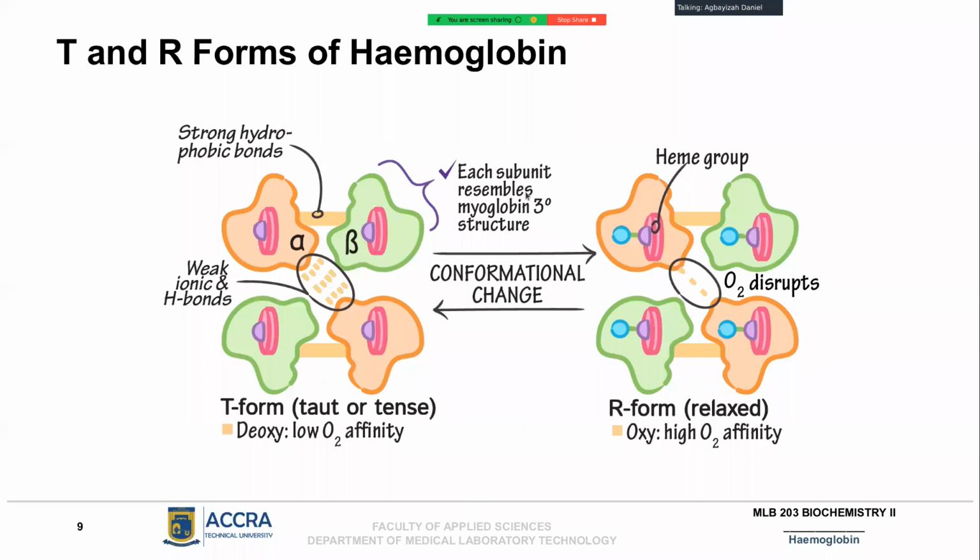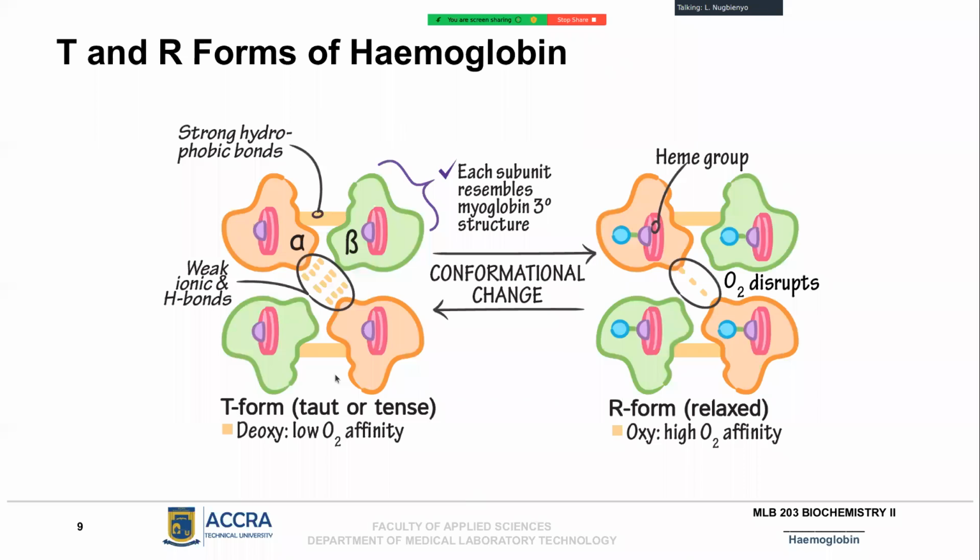Okay, so what I was saying is that we have two forms of hemoglobin, the T form and the R form. The T form is what is referred to as the taut or tense form, because the hemoglobin dimers, and if I say a dimer, I mean alpha and beta bound together by these strong hydrophobic bonds. That's a dimer. So we have two alpha-beta dimers.